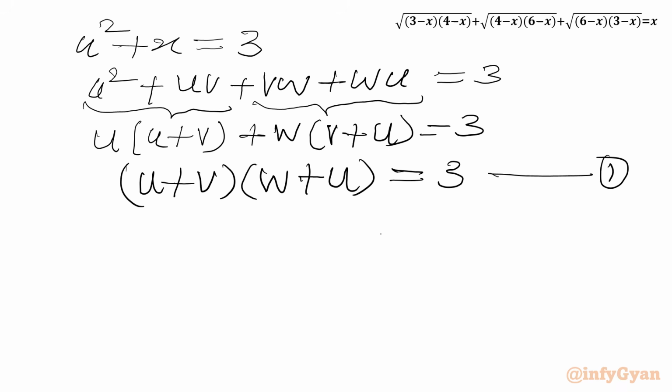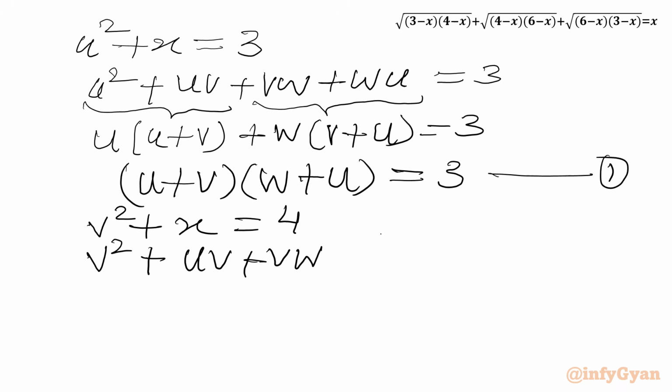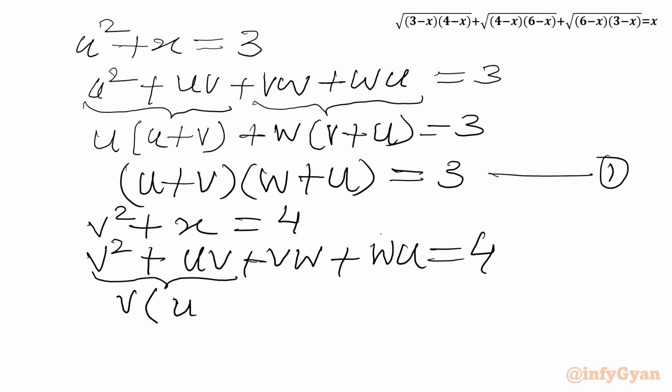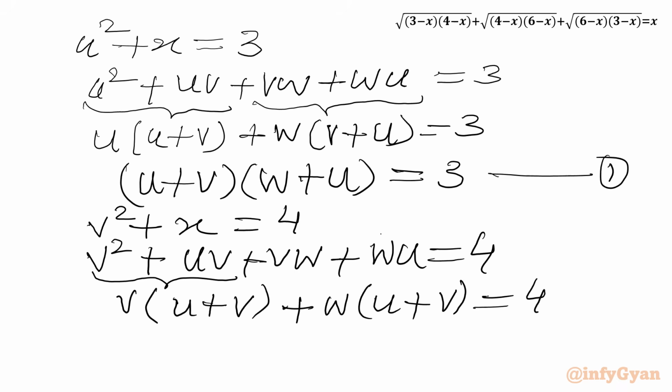Now we will take up the second equation. It is v square plus x equal to 4. In place of x, we will write uv plus vw plus wu equal to 4. From the first two terms, v is common, so we get v plus u in the bracket. Then we have w common, so in the bracket we get u plus v or v plus w, equal to 4. Now u plus v is overall common.